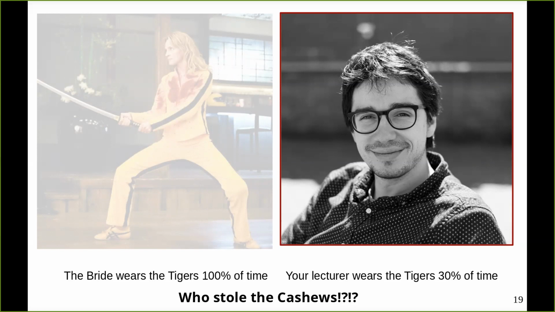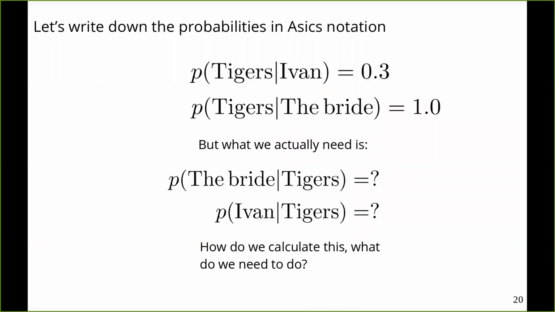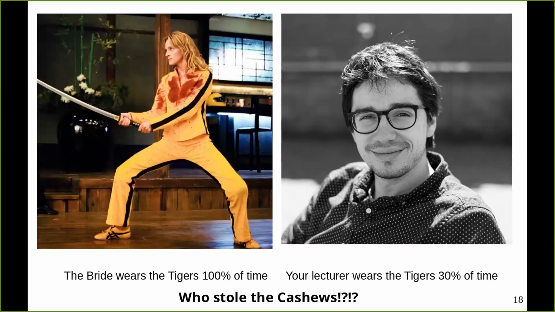But let's try and understand this, let's try and write down these probabilities in what I'm calling here ASICS notation, right? What these probabilities are telling us is just the probabilities of seeing the ASICS print, the tiger's print, given that either of these two characters appeared next to the cupboard and stole the cashews.